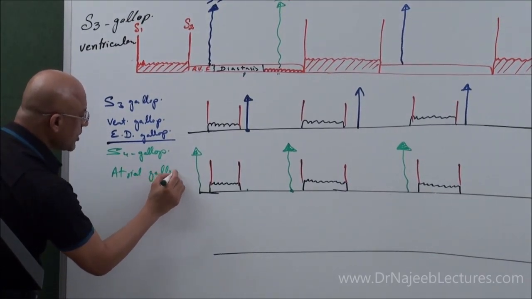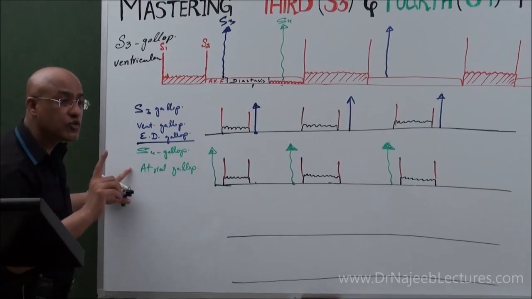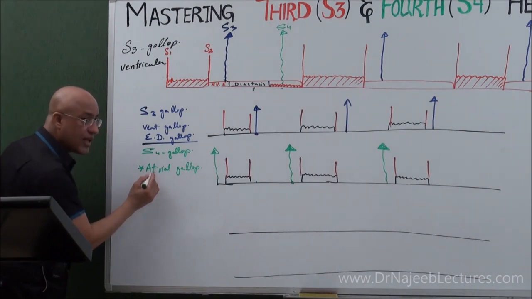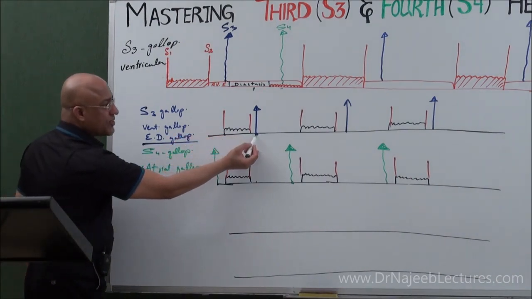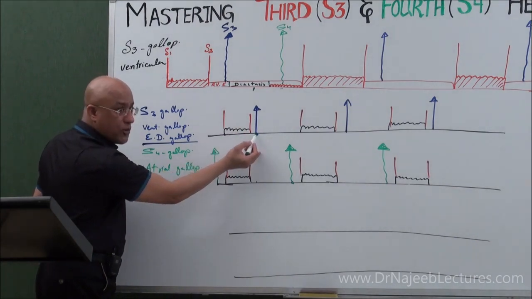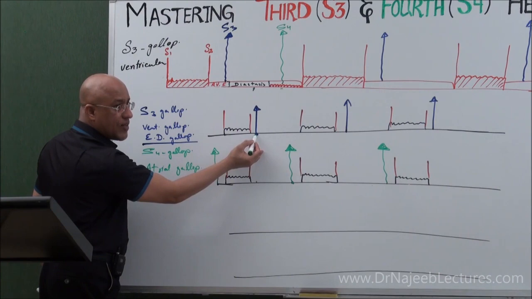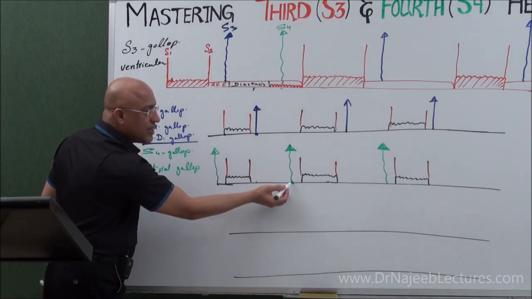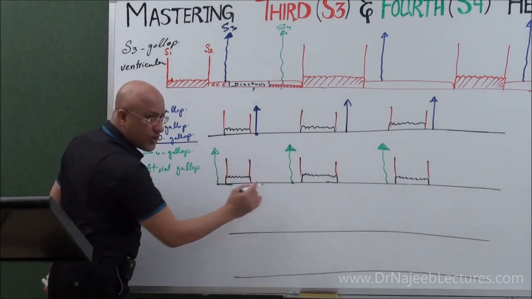It is initiated by the strong atrial contraction, but the sound is also produced by the vibration of the ventricle. In S3, the distended taut ventricle vibrates due to rapid inflow. Here, the stiffened ventricle vibrates on strong atrial contraction.